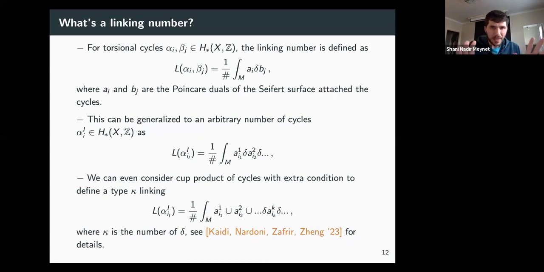So this is a bit technical, and I have some slides later as a backup if someone is interested in learning a bit more on how this whole construction arises. What I wanted to say here is just that there's a well-defined notion of what a linking is and how it can be obtained.